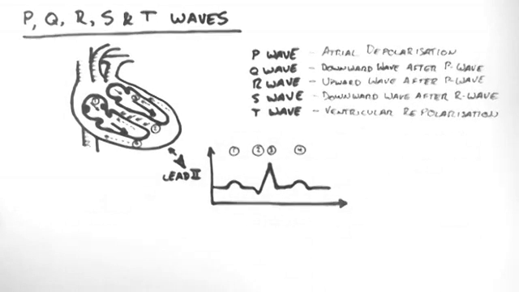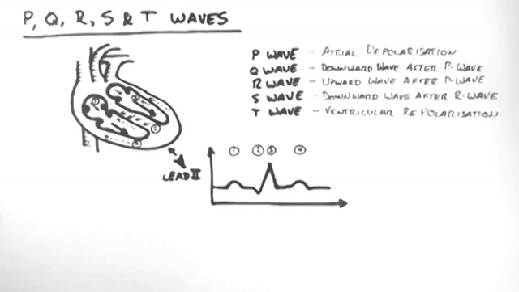You can think about this as a double negative. Despite the wave of repolarization moving away from lead 2, because it is repolarization, it has the opposite effect to depolarization. Now let's label the waves on this ECG trace.